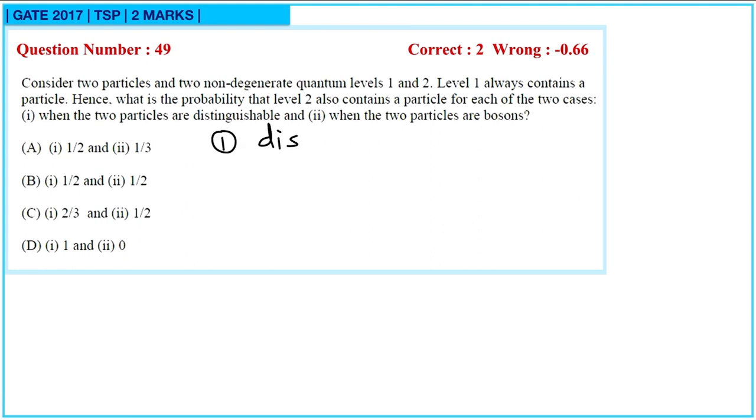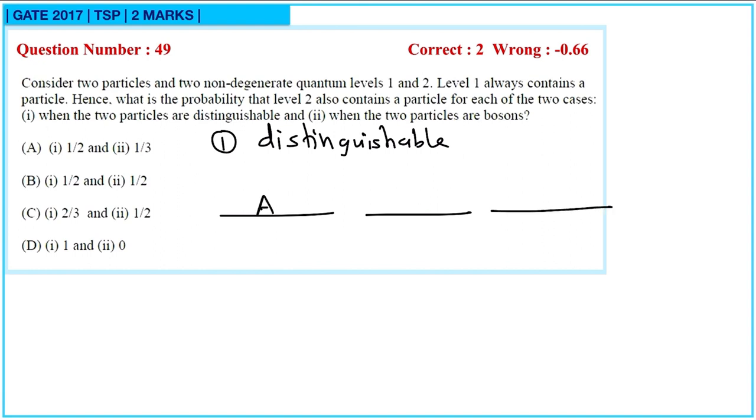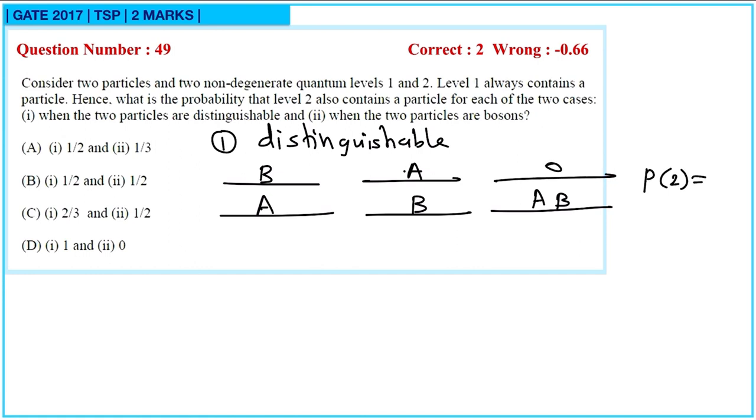So first case is when the particles are distinguishable. In that case, let those two particles be A and B. So this lower level always contains a particle. So this can have AB, A, or B. So in the upper level it will be B, A, and here it will be 0. So the probability that there will be a particle in the upper level is 2 by 3.